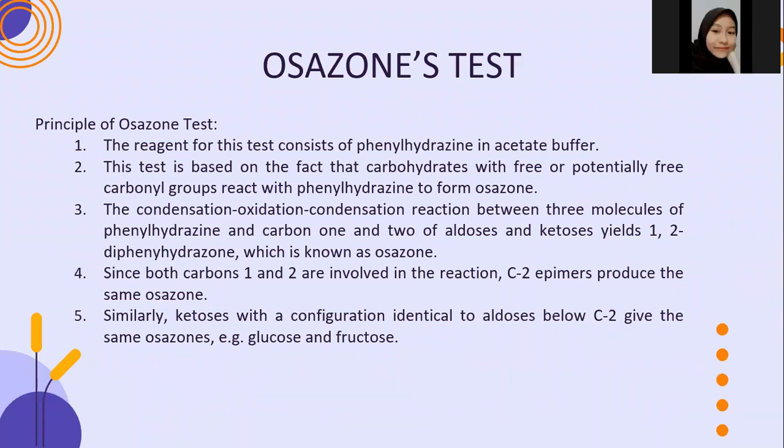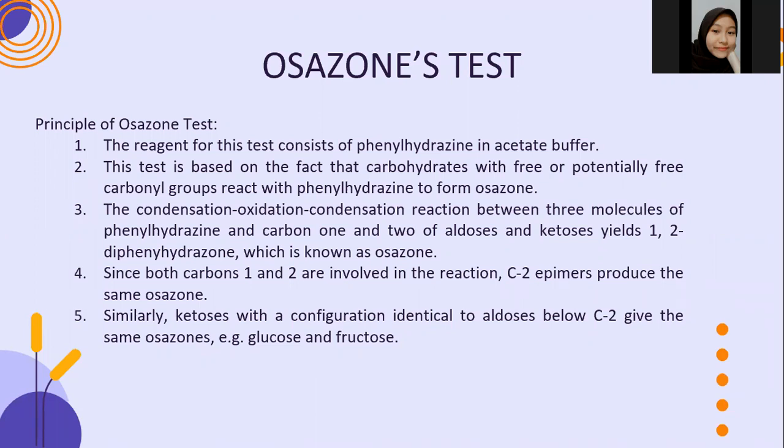Osazone test. Principle of the osazone test. Number 1, the reagent for this test consists of phenylhydrazine in acetate buffer. Number 2, this test is based on the fact that carbohydrates with a free or potentially free carbonyl group react with phenylhydrazine to form osazone.